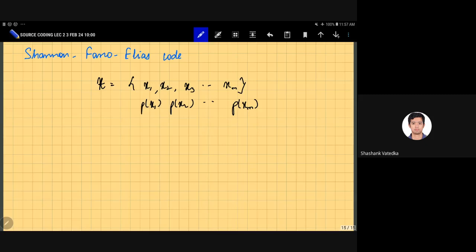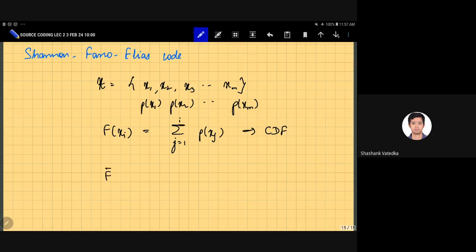Okay. Now we've seen the CDF of this particular distribution, the cumulative distribution function, F of xi. This can be written as the summation over j going from 1 through i of p of xj. Right? And so I'll define something which is similar to the cumulative distribution function, which I call the modified CDF.